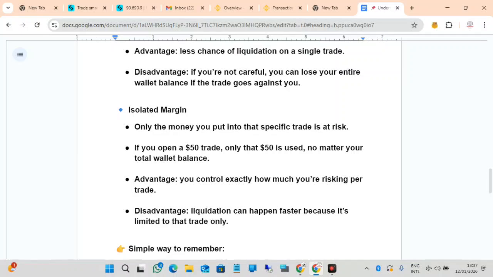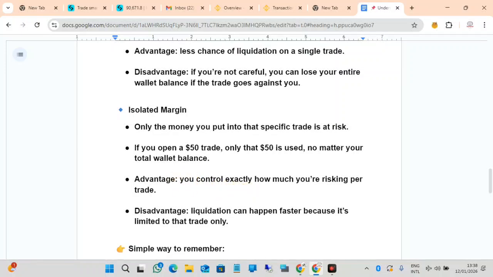Let's say you open a $50 trade. Only that $50 is used, no matter your total wallet balance. If you have $10,000 in your futures wallet, only the $50 is used to open that particular trade. That is the benefit of isolated margin.